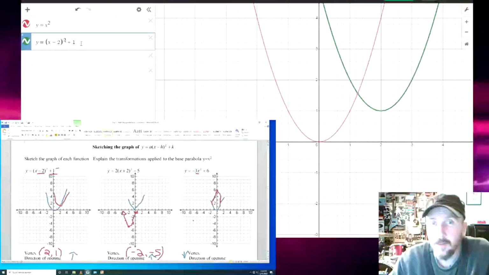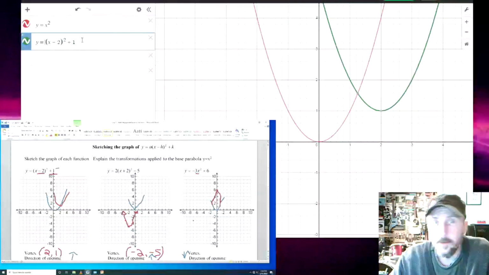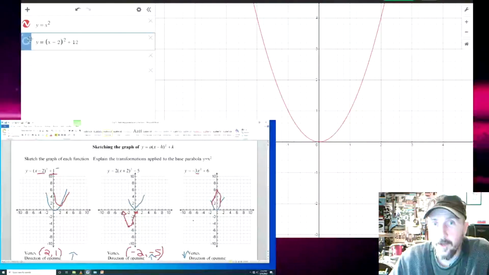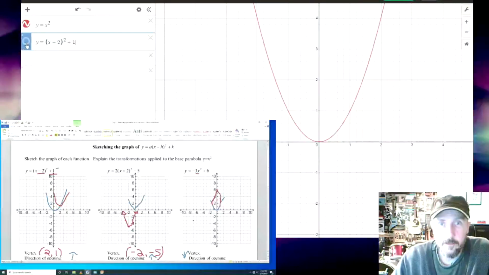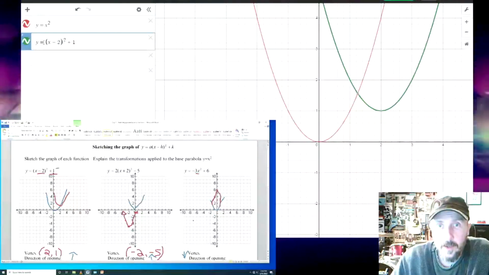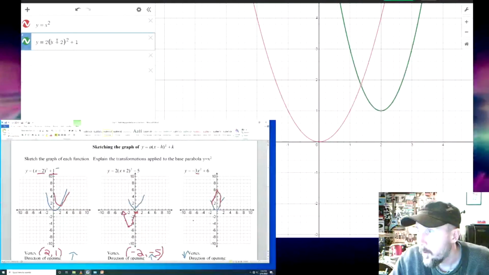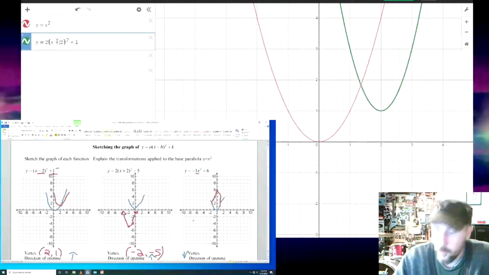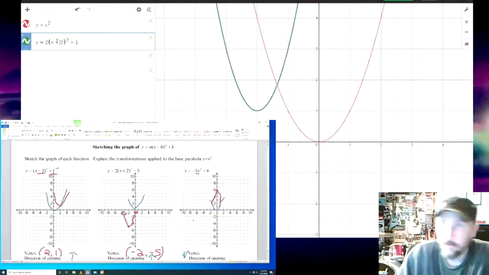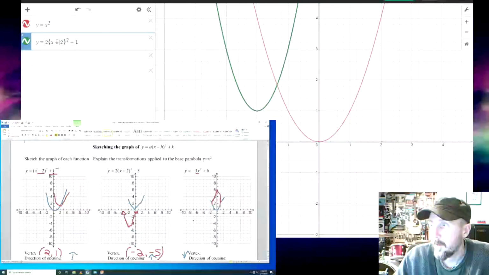Now, this one's got a lot going on. Let me add it all in here. We've got our y equals x squared. We've got 2 out in front. There we go. We've got a +2 in here now. And now, so it almost looks right, scared me for a minute.